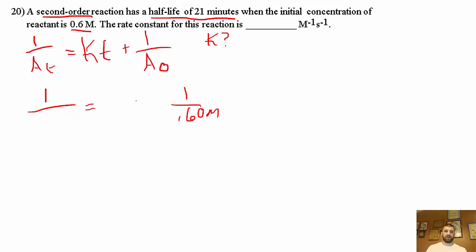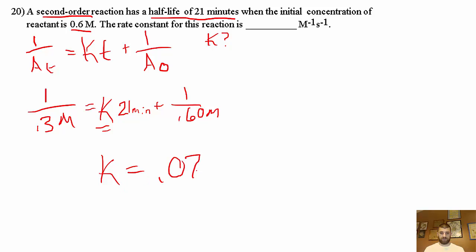And it says 21 minutes, so that's our T, so I'm going to put that right there. K is still unknown. Well, how much is going to be left after 21 minutes? 0.3. Half of it's going to be remaining. So now we can just do some algebra, solve for K. We get K equals 0.079.